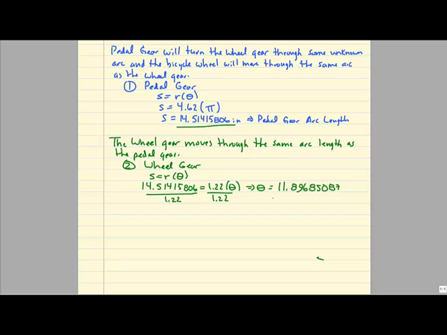Now, what this is saying is the wheel gear rotates through 11.89685087 radians. Okay, so another piece of information. Now we need to take this and transfer it to the wheel.